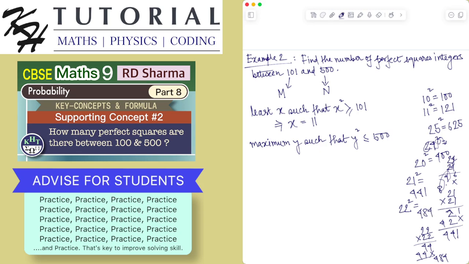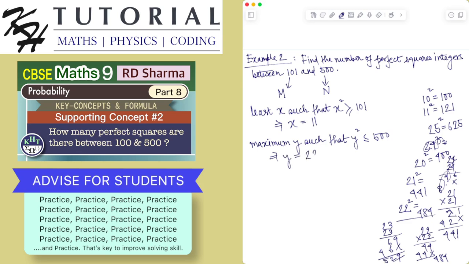I don't think 23 square will be less than 500, but let's see anyway. 23 square is 529, which is more than 500. So clearly we can see that y is equal to 22.